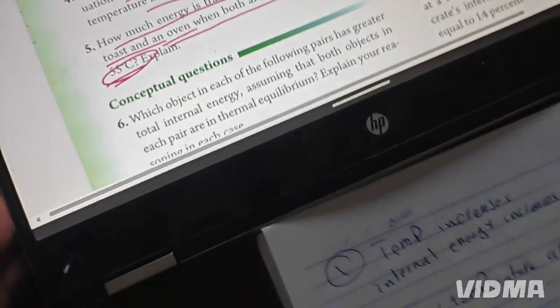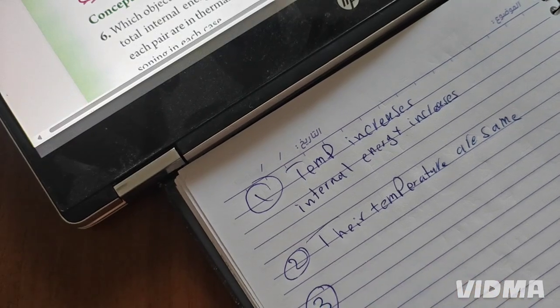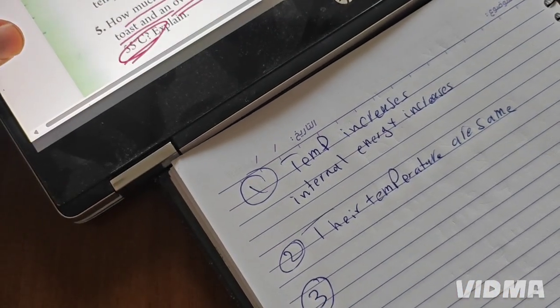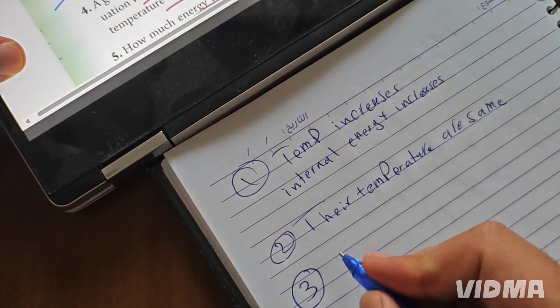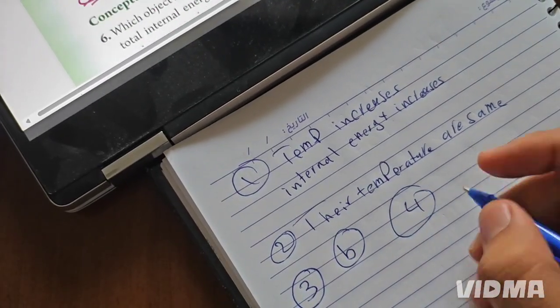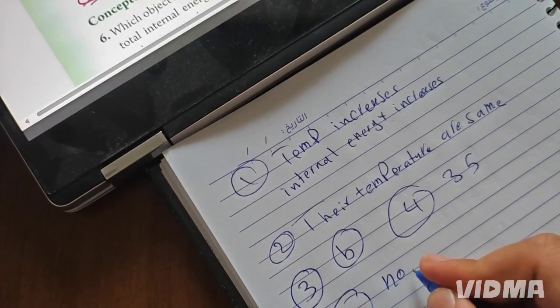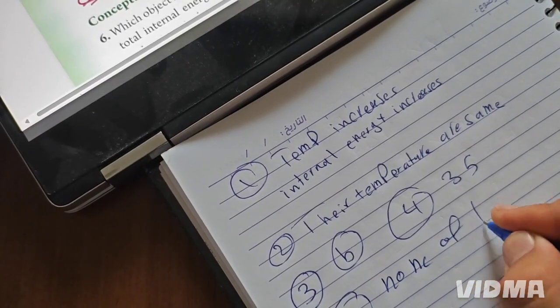So the Question 3 answer was B, the Question 4 answer was 35, and the Question 5 answer is none.